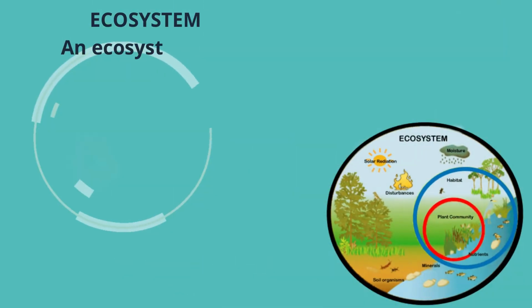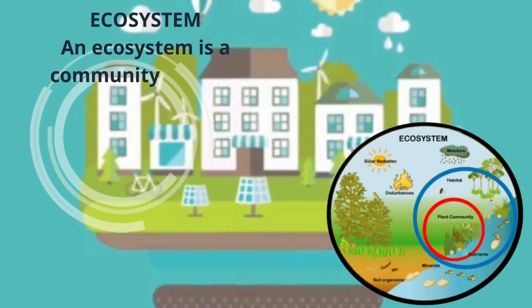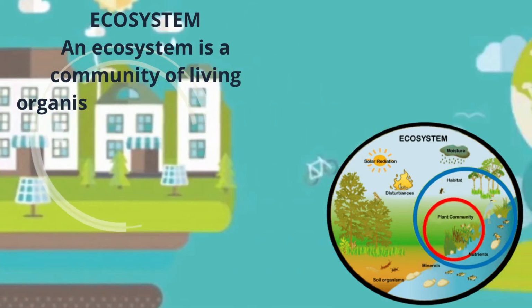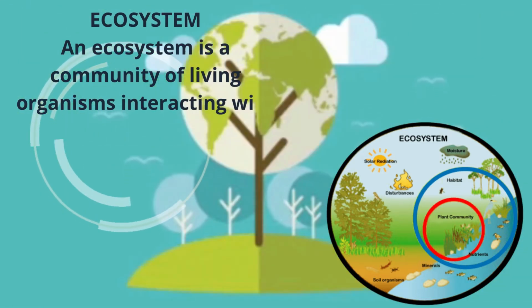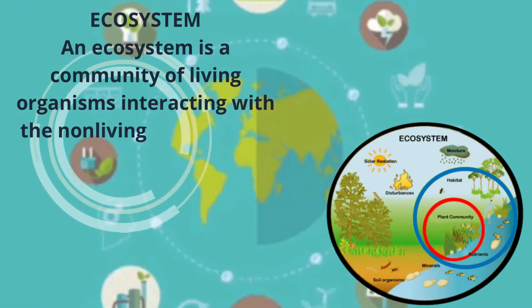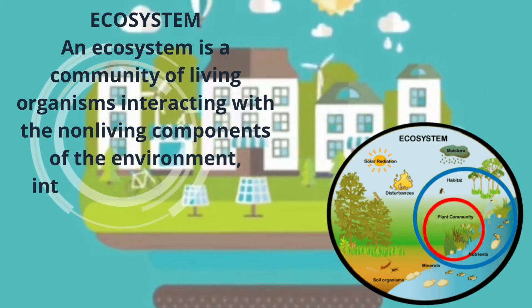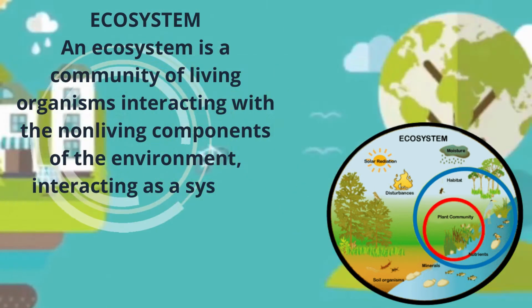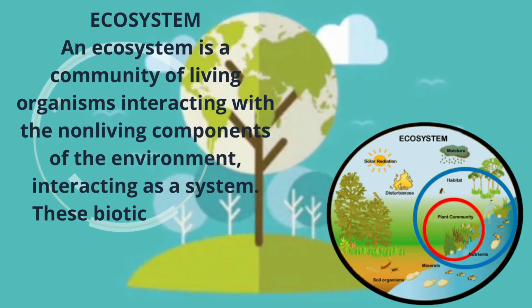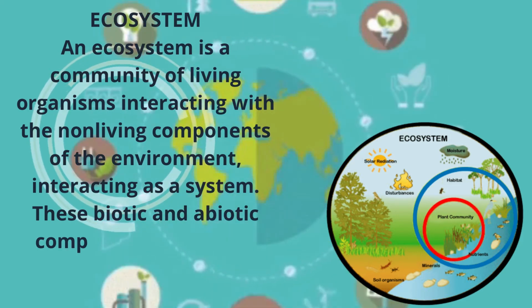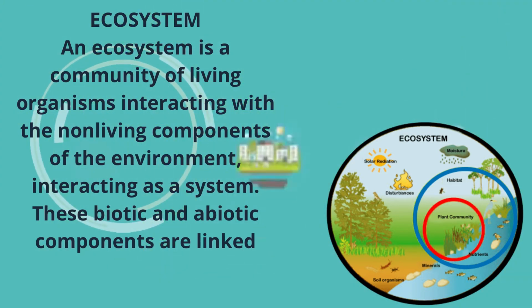Next to community is the ecosystem. An ecosystem is a community of living organisms interacting with the non-living components of the environment, interacting as a system. These biotic and abiotic components are linked together through nutrient cycles and energy flows.